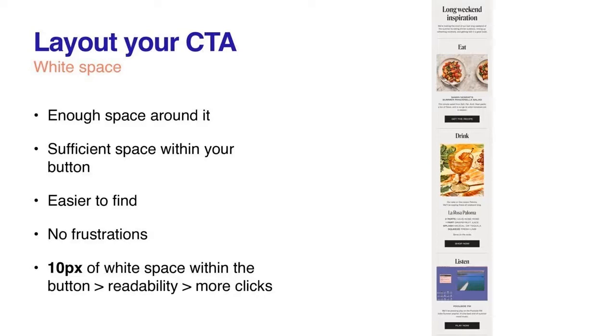By leaving enough white space around your button, it will become easier to find your call to action in your email. Furthermore, enough white space also makes sure that your readers don't get frustrated when they try to click on the link. I think you already know how annoying it is to click on a link, but due to lack of space end up on another link and on another web page as well.